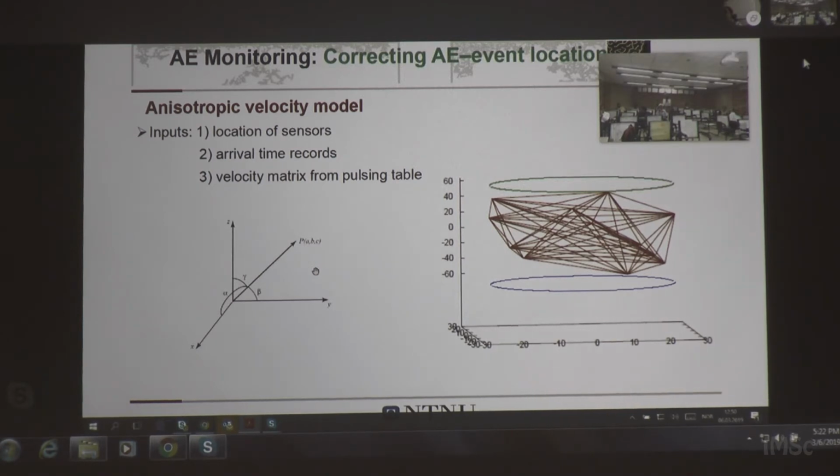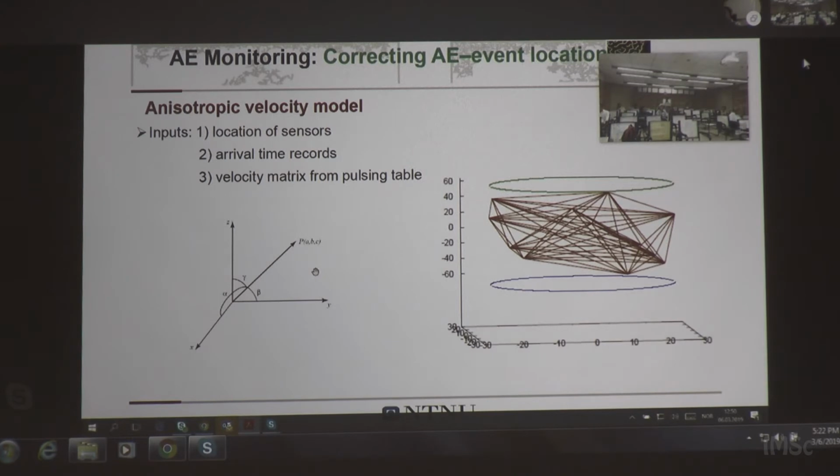From there, you can make a velocity matrix that gives the velocity values in different directions, with different direction cosines, alpha, beta, and gamma.